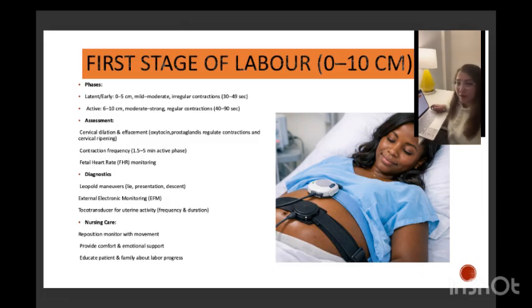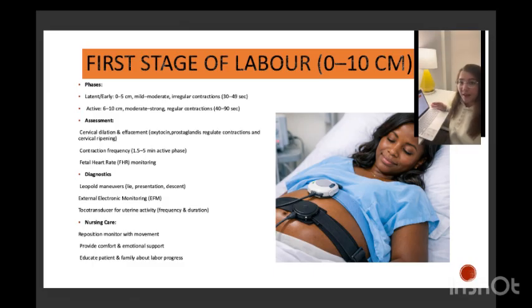Also we monitor fetal heart rate, and we can assess the mother with Leopold maneuvers, and we also place external electronic monitoring and a tocotransducer for uterine activity, frequency and duration.